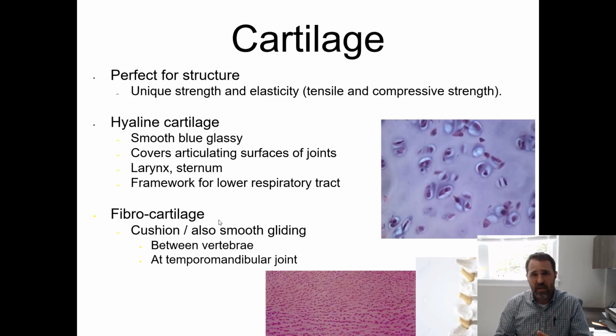But fibrocartilage, we find that in our really big joints that have a lot of compression. So the discs of cartilage between your vertebrae, the cartilage in your temporomandibular joint, which is right here where your mandible articulates with your skull. This is a very powerful joint. You can bite really hard on things. So this is fibrocartilage here.